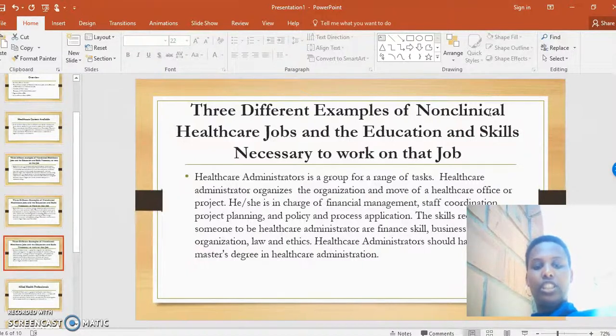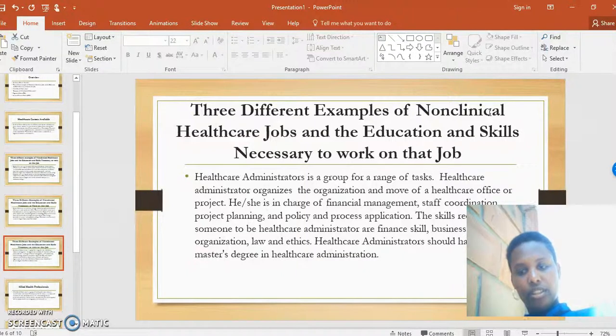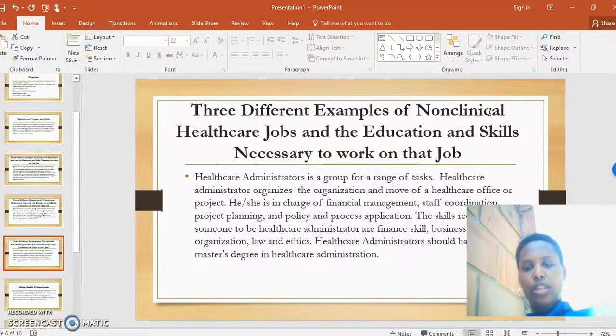And also is in charge of policy and process application, like setting policies which every employee or patient who needs services in that industry can follow.